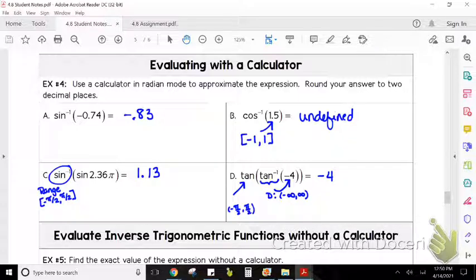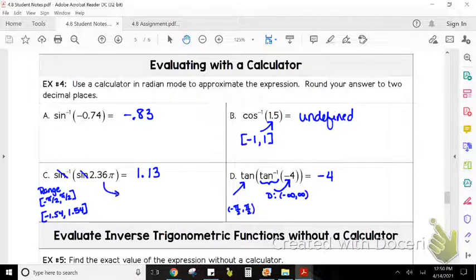1.13 is between them, because pi over 2 is like 1.5 something. So it would have to be between about negative 1.54 and positive 1.54 when we put pi into the problem. And therefore we can see that 1.13 is in between those two numbers, so it's a good answer. But look at the problem itself. The inverse sine of the sine should cancel itself, shouldn't it?